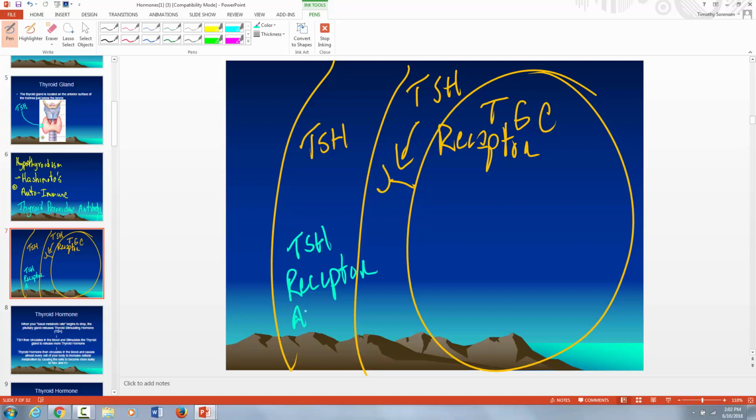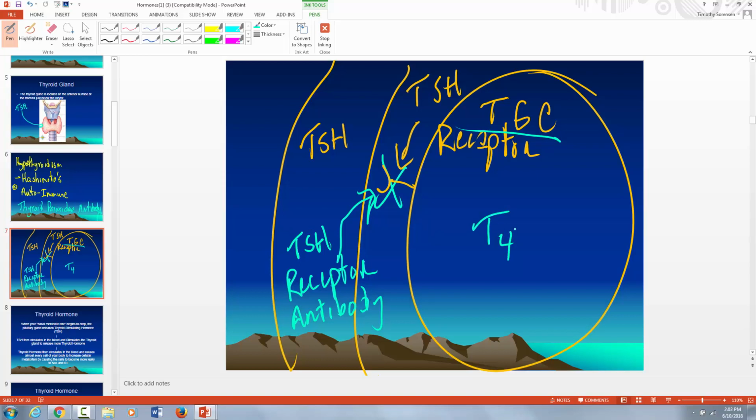antibody. And again, this is one time that the body does stuff that doesn't make sense. And that antibody destroys TSH receptors, and then it will begin the destruction of thyroid gland cells. So how do you get T4 to be produced?